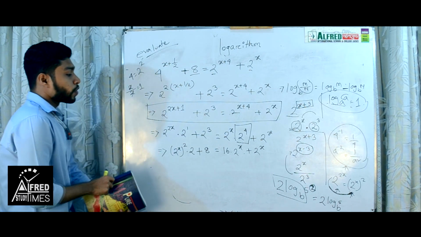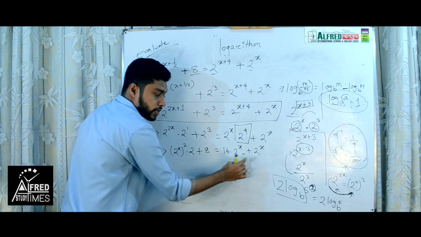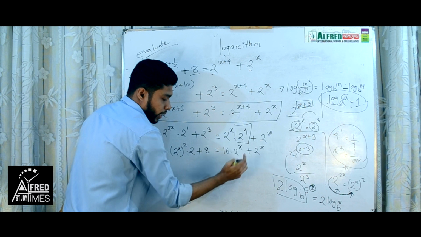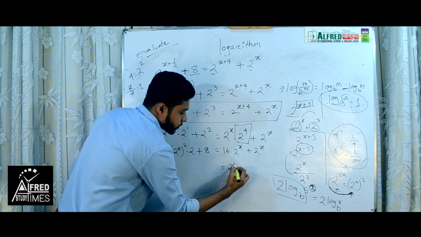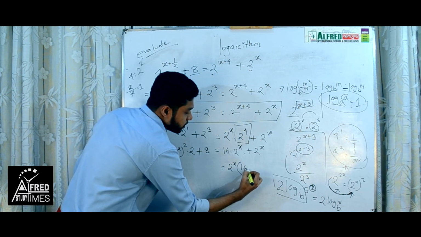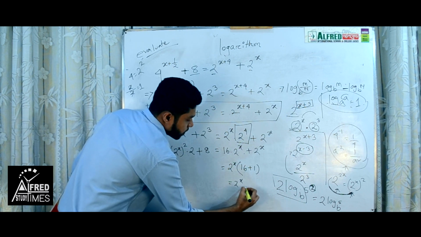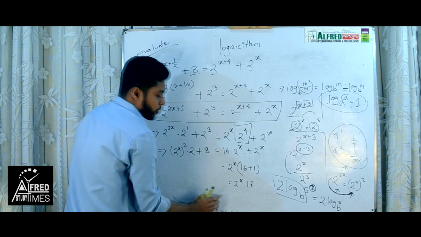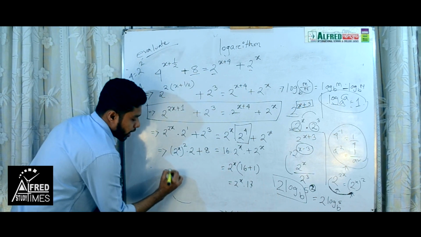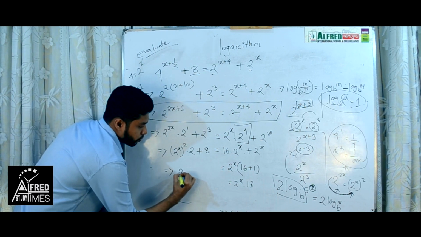So here we can take a common, you can see there is a common 2 to the power x, then we can take 2 to the power x common, here is 16 plus 1, and make it 2 to the power x 17.